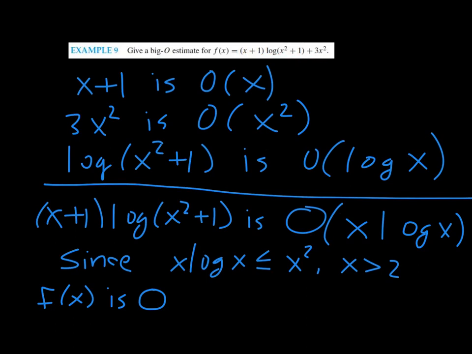The estimating function of the first part is x times log of x, and the estimating function for the second part is x squared. So the estimating function for the sum of those two parts is going to be the bigger of the two bounds, x squared and x times log of x. But since x times log of x is less than or equal to x squared, the function f of x is going to be big O of x squared. And that is the end.